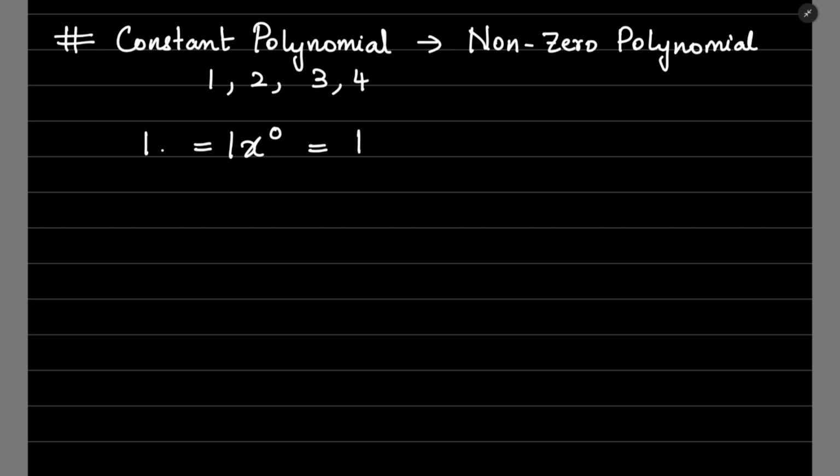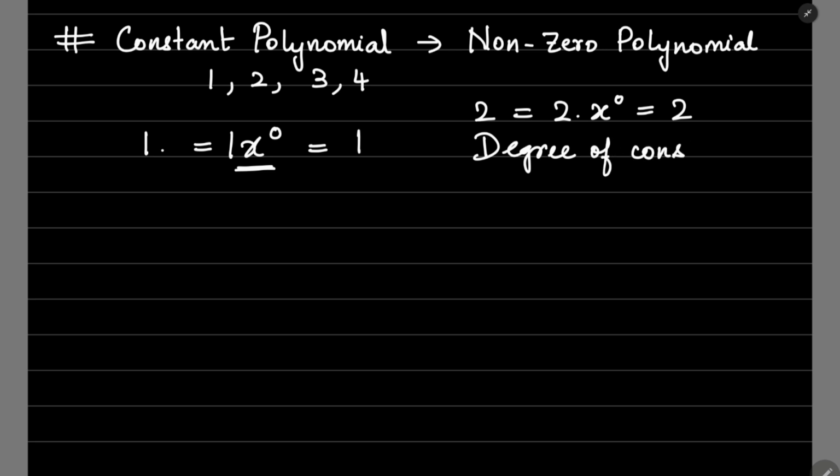So the only possibility to add a variable is a power of 0. 2, I can write as 2 multiplied by x to the power 0, which is going to be the same. So whenever you have a constant polynomial, the degree will be 0.